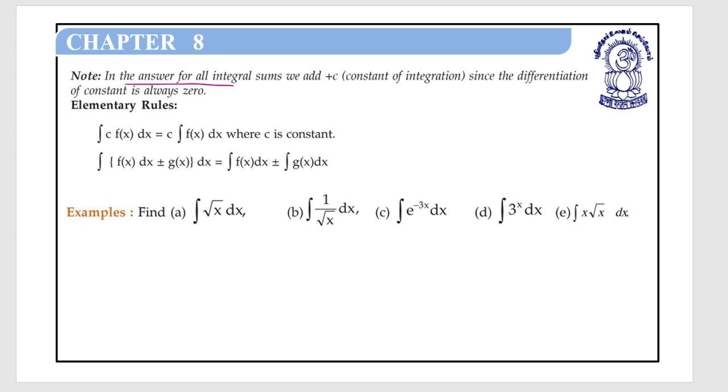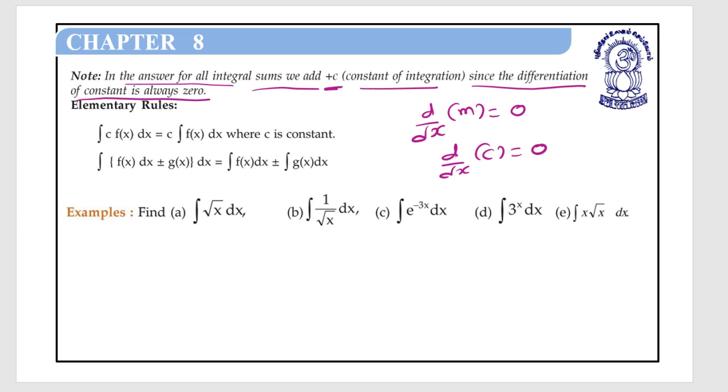Note, in the answer for all integral sums, we add plus c, the constant of integration, since the differentiation of a constant is always 0. d by dx of m is equal to 0. d by dx of c is equal to 0. d by dx of k is equal to 0. So differentiation of a constant is always 0.